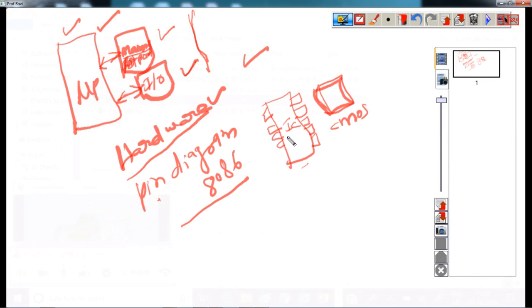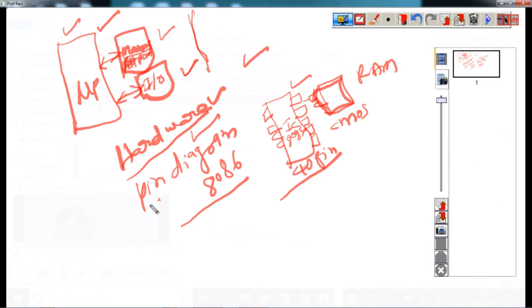8086 is a 40 pin IC, right? Now if you take any RAM IC, how do you connect or design a system? You have to know the functions of each and every pin of the 8086.